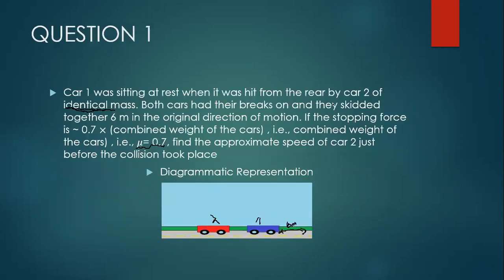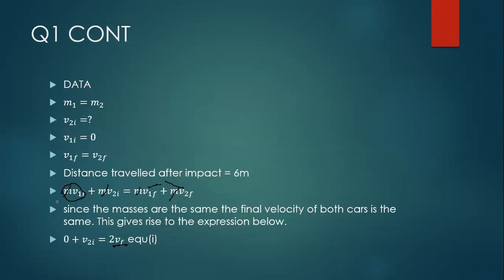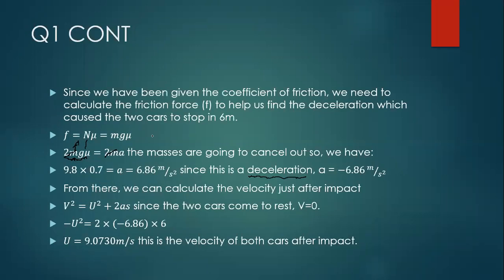They were asking to find the approximate speed of car 2 just before collision. Now, how do we do that? We first applied the momentum equation and came up with this equation here. After that, since we've been given the friction force in the question, we can use that friction force to find the deceleration.